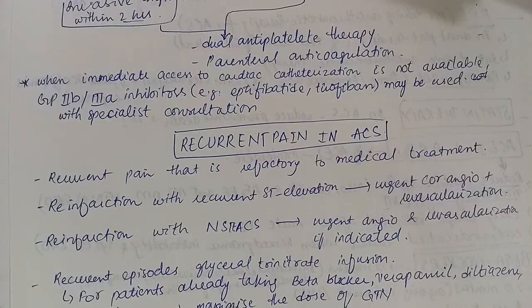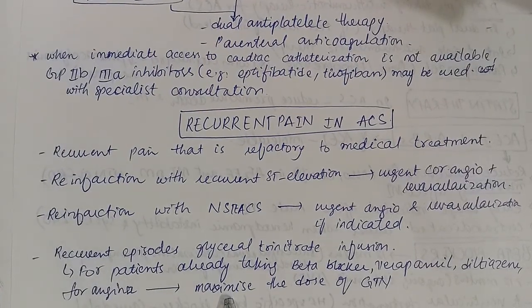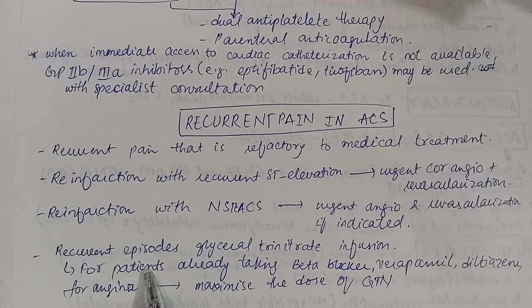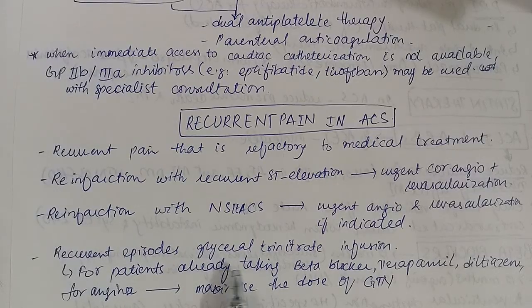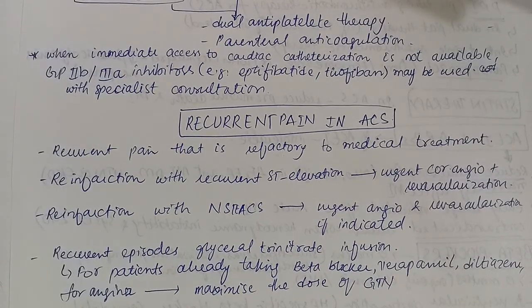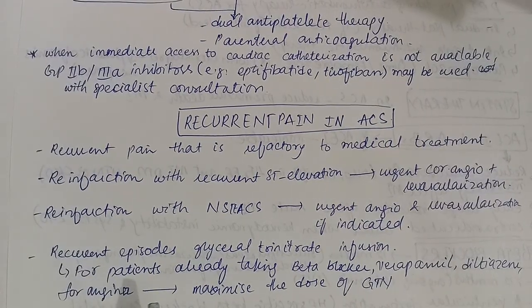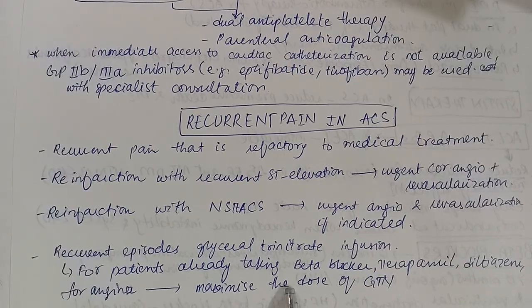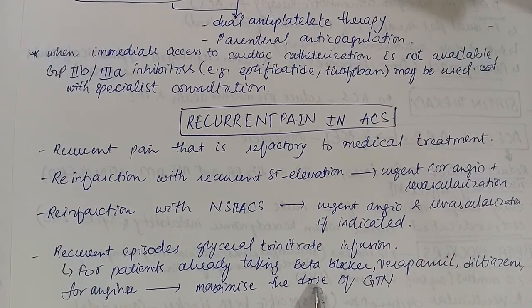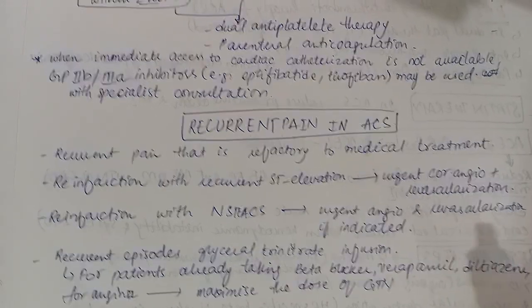If the patient is having recurrent episodes, glyceryl trinitrate infusion can also be given. And for patients who are already taking beta blocker, verapamil or diltiazem for angina, we can maximize the dose of glyceryl trinitrate. So this is the management of non-ST elevation MI.